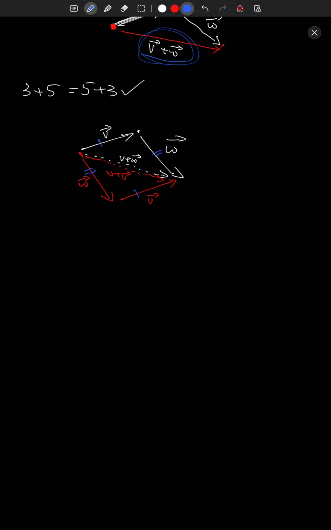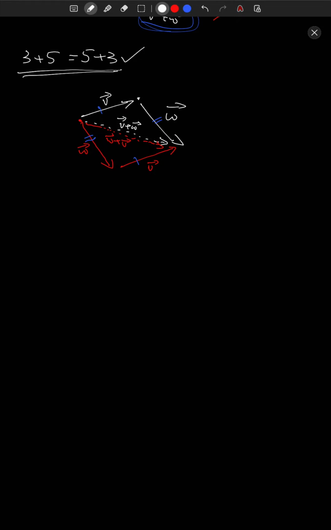And so we have a parallelogram, and that is what causes V plus W to be the same as W plus V. So here we've spent a bit of time describing something that is obvious for numbers. But of course, if you're going to make up a new concept of addition, you have to check whether the usual concepts of addition still apply. So that's how you add geometrically.